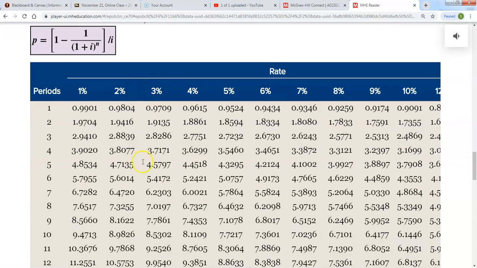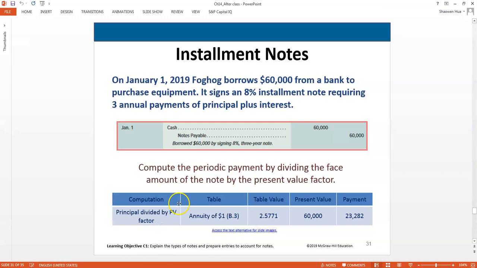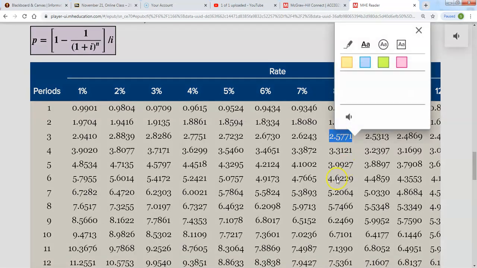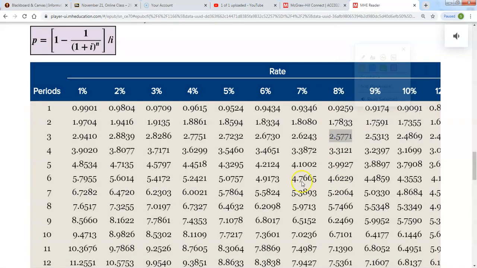This example in the textbook says 8% for 3 years. So we go to 8% for 3 years, 1, 2, 3. The third row, 2.5771 is the discounting factor.